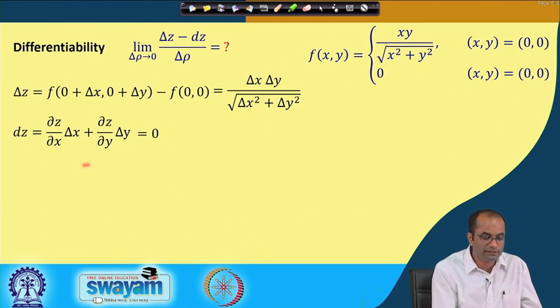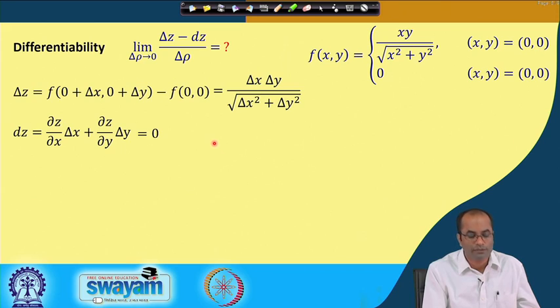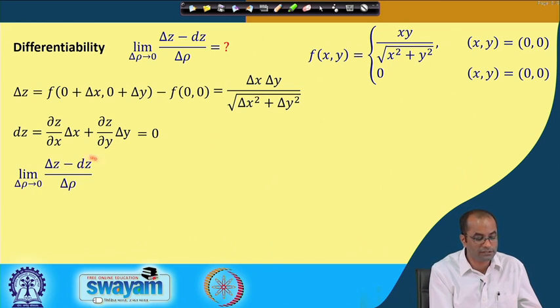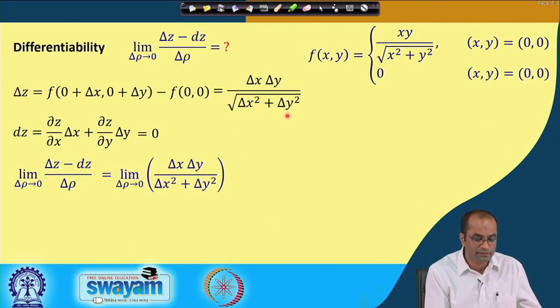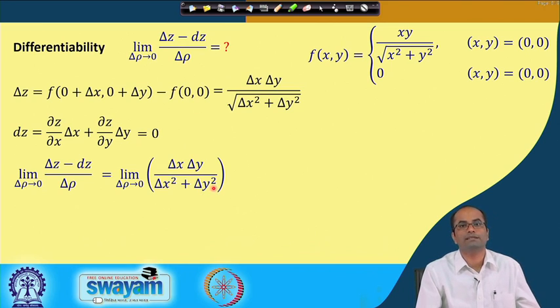So, we will get this dz term as 0, and then this limit of delta z minus dz over delta rho. So, this delta z is delta x delta y over delta x square plus delta y square, and dz is 0. So, we will get now this delta x delta y, and this delta rho was also the square root of delta x square plus delta y square, and we have one square root here. So, we will get this term without square root: delta x delta y over delta x square plus delta y square.